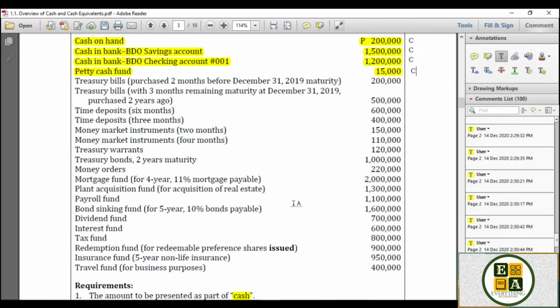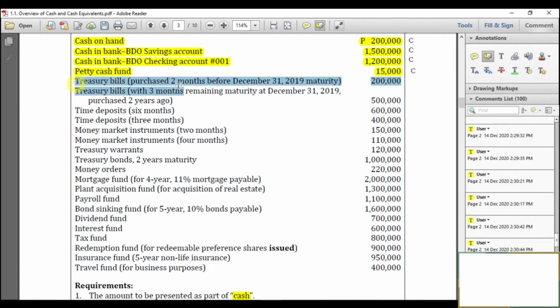The next, we have now treasury bills. We all know treasury bills, pwedeng item siya as cash equivalent, but we have to qualify. Sabi niya treasury bills, which is 200,000. Ano yung description? Purchased 2 months before December 31 maturity.